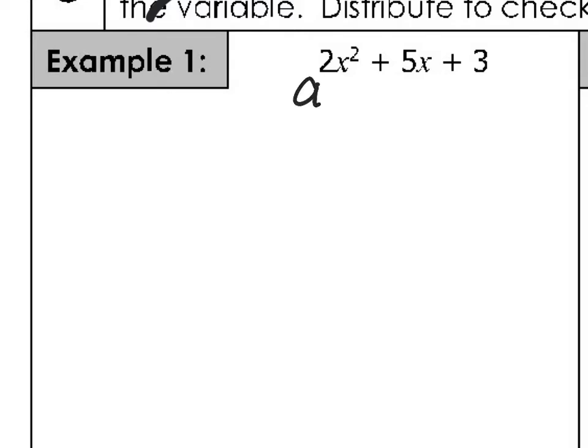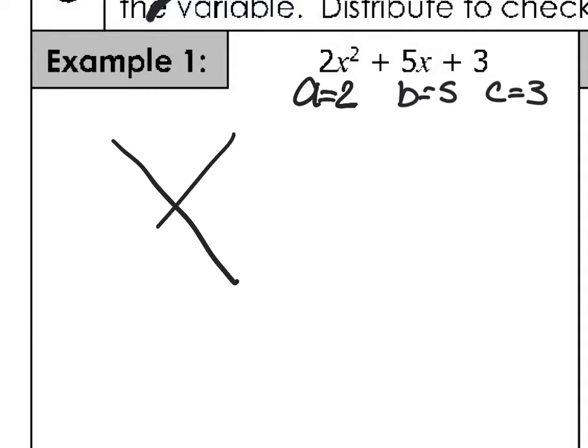But we know that A is 2, B is 5, and C is 3. Okay? So it's a little bit different. A's bigger than 1. But we're still going to do the same thing with our x. We've got A times C and B, and we're dividing by A. So in this case, A is 2.